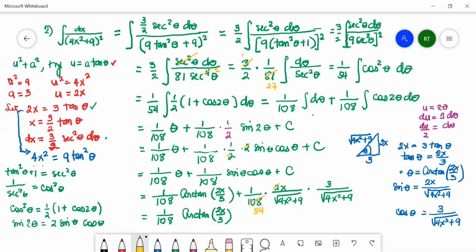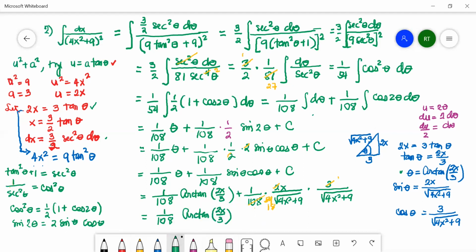And if we have 3 here in the numerator, 54 of course is divisible by 3, so we can do cancellation again. 54 divided by 3 will give us 18, right? Okay, this will give us 54, and 54 divided by 3 will give us 18.